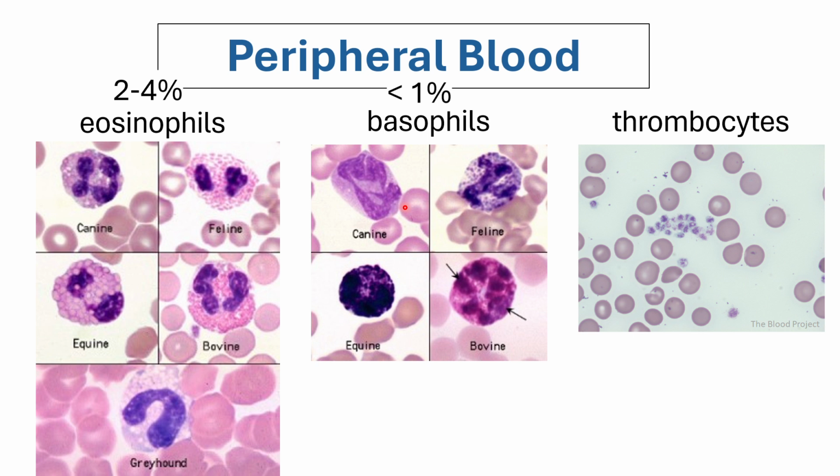Okay? But the key point is, if you see a granulocyte or a granulated white blood cell, it is most likely your eosinophil just because they have a higher population in normal cases.